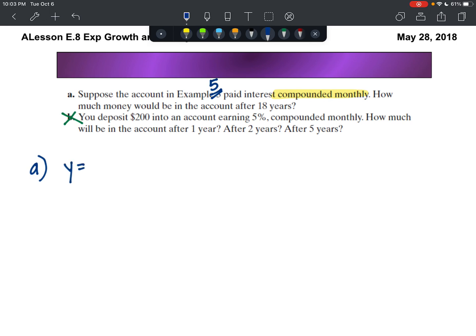We're going to have y equals the same amount, 1500, times 1 plus 0.065, but this time we're going to divide it by 12 for monthly. That means we're going to be looking at the account 12 times a year for 18 years. That would be 12 times 18 in parentheses.